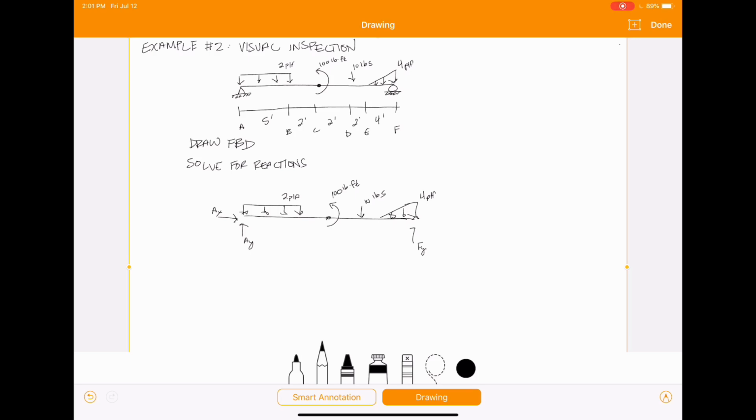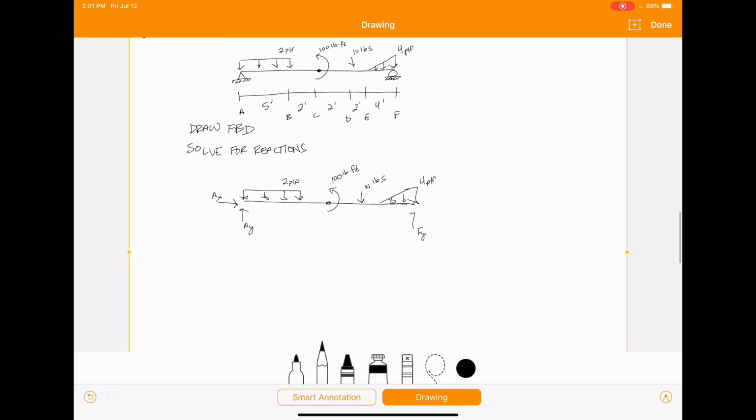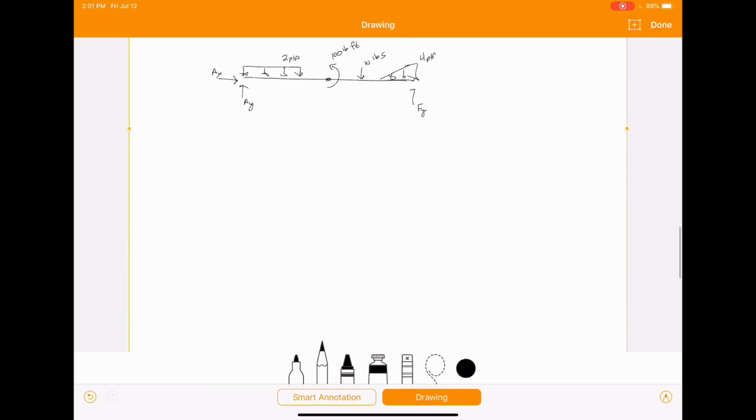So you're going to use your equations of equilibrium to solve for your reactions. You can go ahead and do that now on your own. I already did it previously, so I'm just going to go ahead and write down what I solved for. If you're having issues solving for these reactions, you can go back to our video on equilibrium of a rigid body, and it will explain how to do that in detail.